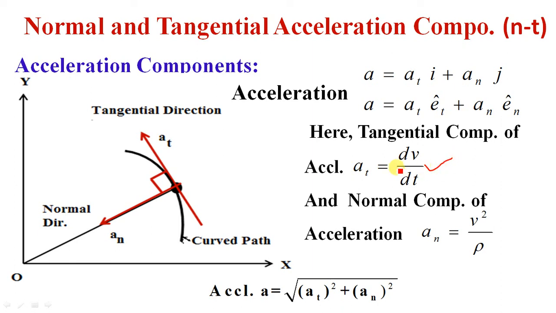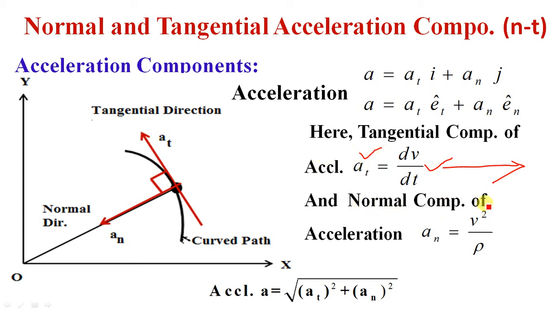Remember, the tangential component is like rectangular motion, that is, motion along a straight path. So we can find At by using the rectangular component of acceleration, that is dv by dt. Differentiating the equation of velocity, you will get the value of At.